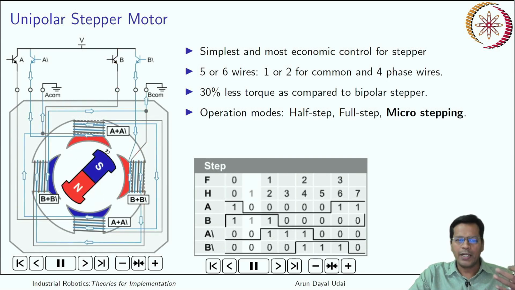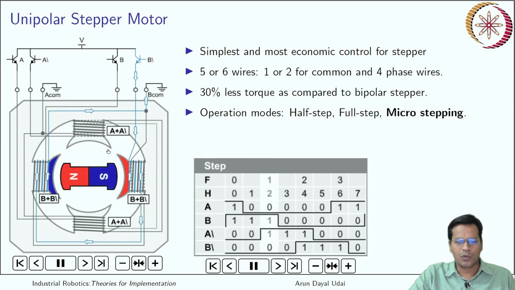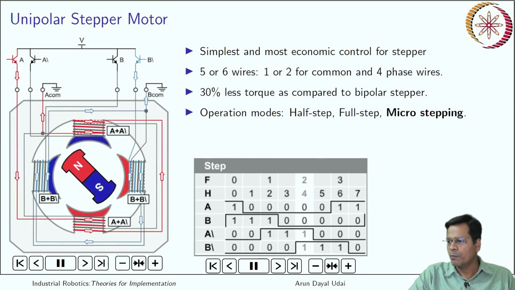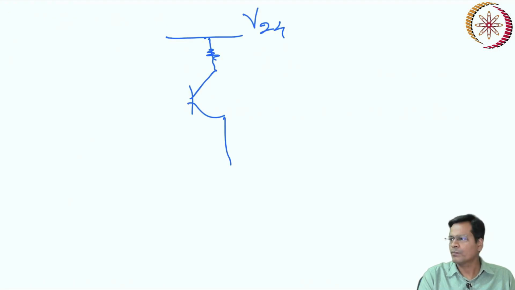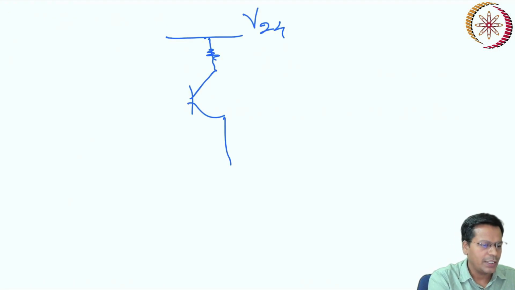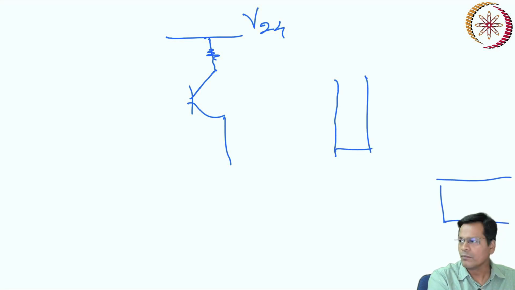Apart from this, your motor can also run like this. Let me show you this way. You have a pole somewhere over here and a pole which is here. You can gradually shift the power from this.